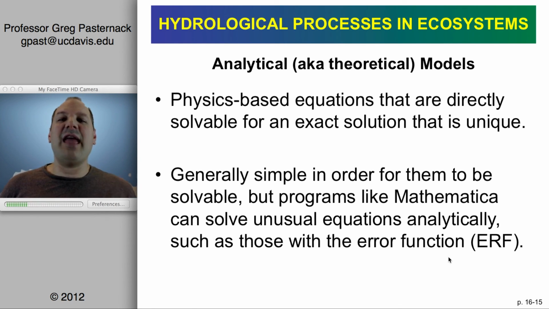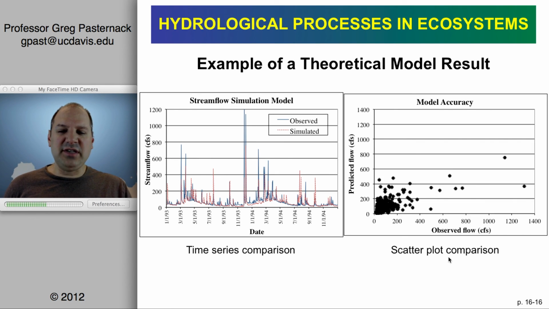We can get direct analytical solutions to things like the diffusion equation. Think about basic physics: pendulums, waves, conduction. These are things that we have very good predictive equations for. So for example, you could have a purely theoretical model that would predict streamflow. This is going to have an input, something like precipitation.